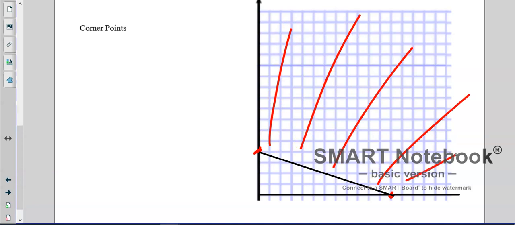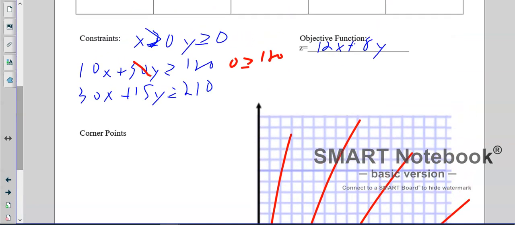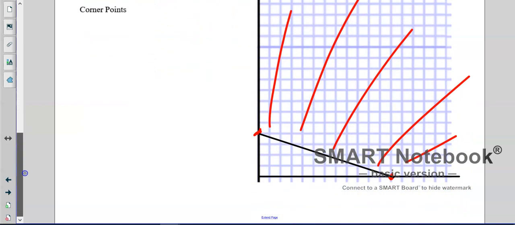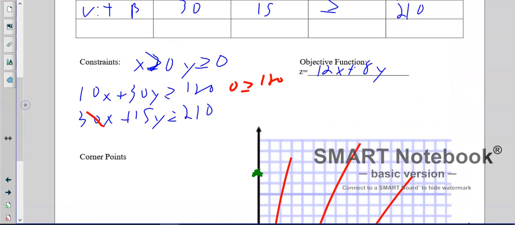All right. Now, I'm going to come over here and do this one. Cover up my x, right? Do 210 divided by 15, which is 14. So my y is 14. 5, 6, 7, 8, 9, 10, 11, 12, 13, 14. Here's that one. Come up here now, cross off my y, which gives me x.